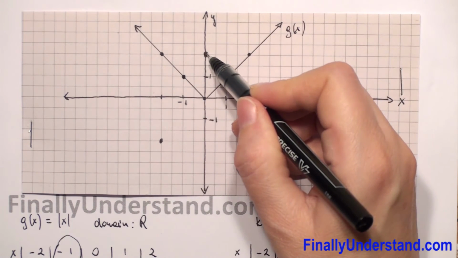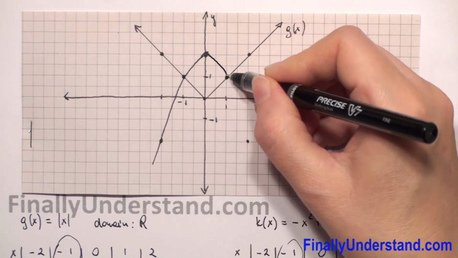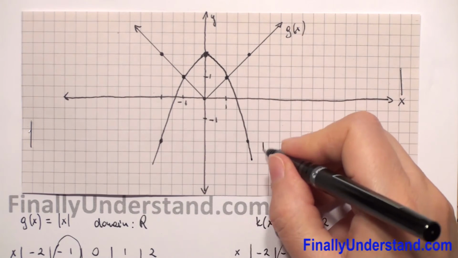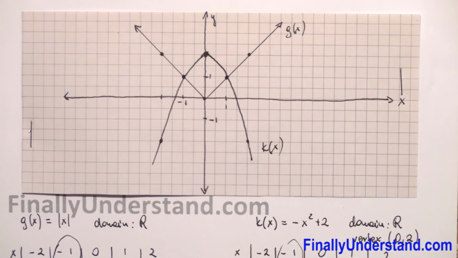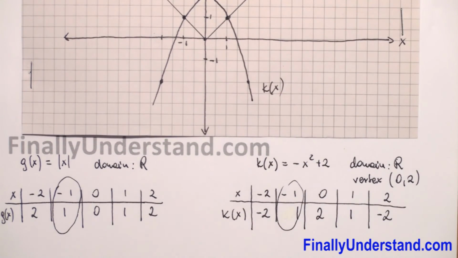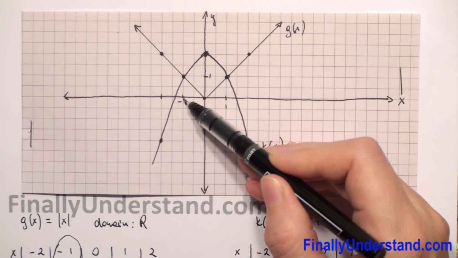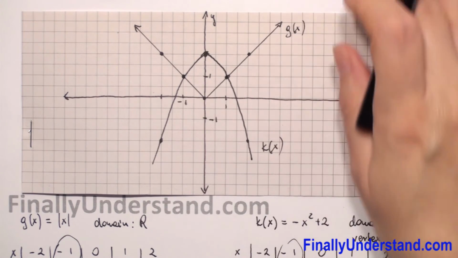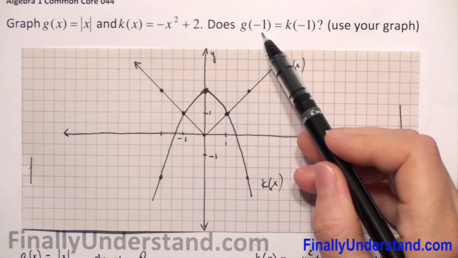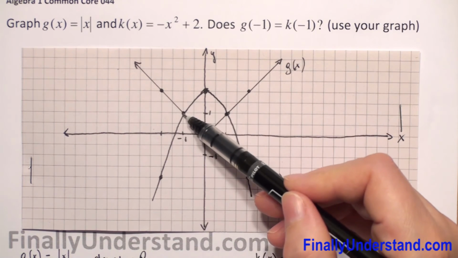So the parabola is symmetric about the y-axis, something like this. This is our k of x function, and we see from the charts and from the graph that for negative 1 our function g of negative 1 is equal to k of negative 1. Our two functions pass each other exactly in this point for x equals negative 1.